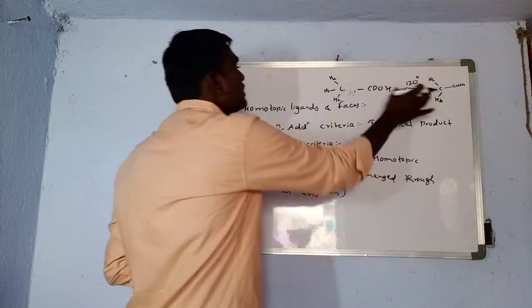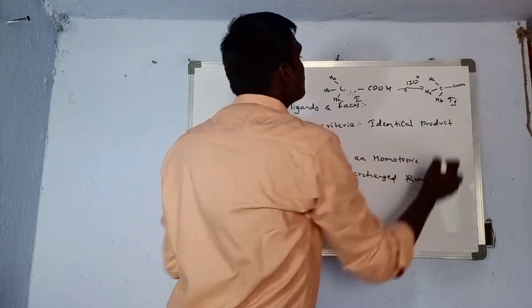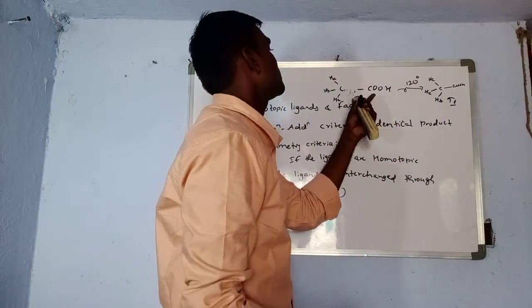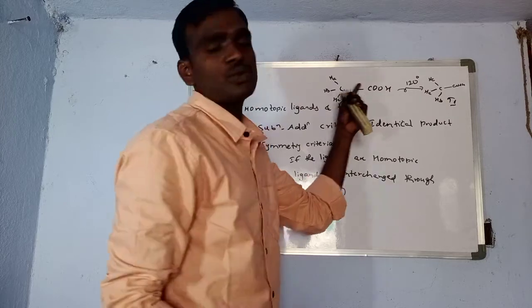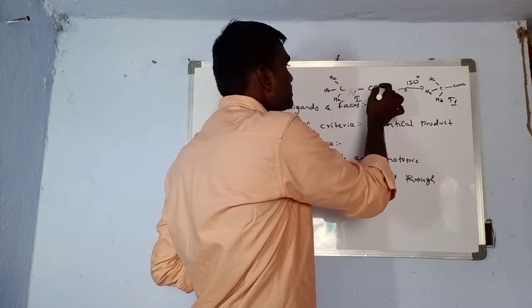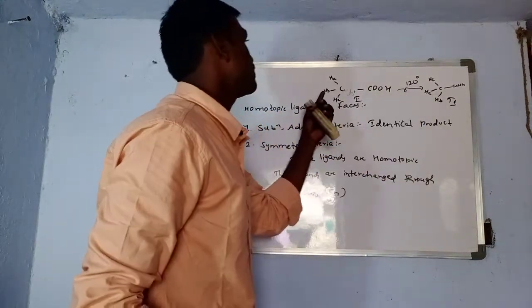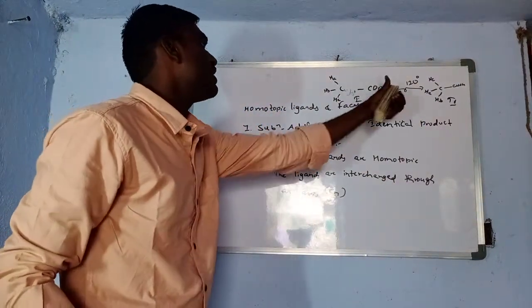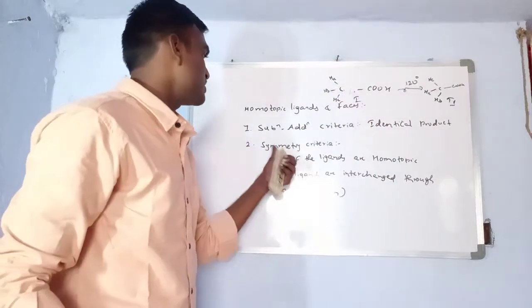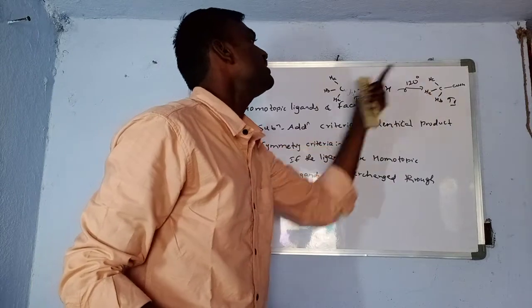Seeing structure 1 and structure 2, both give the same identical structure. So by passing an axis through the molecule, it gives the identical structure, and these ligands are said to be homotopic in nature.